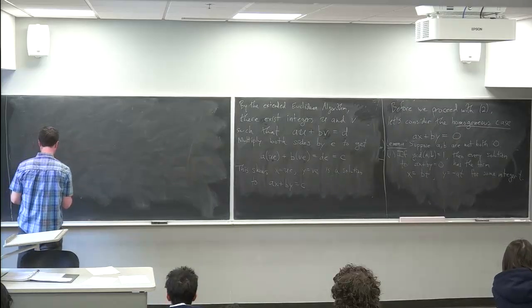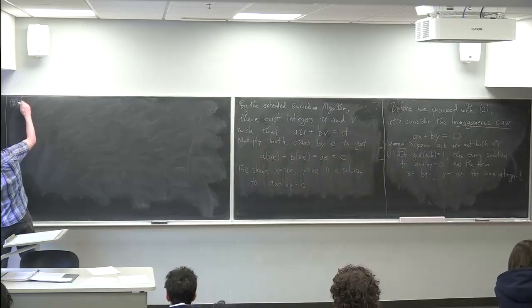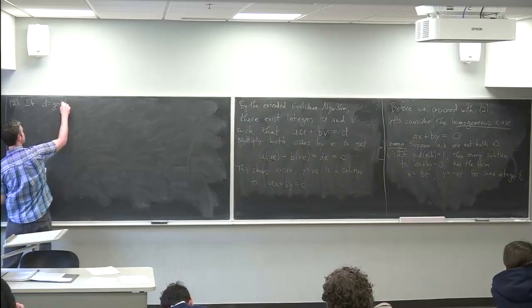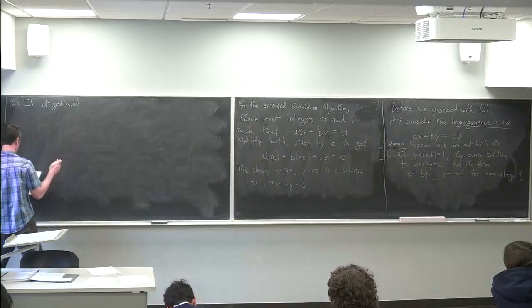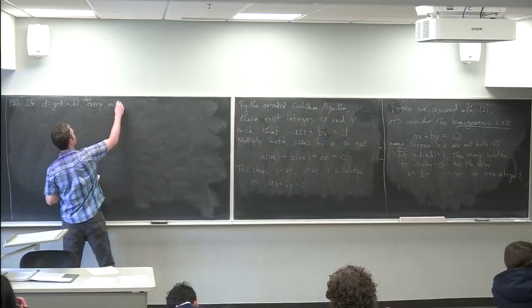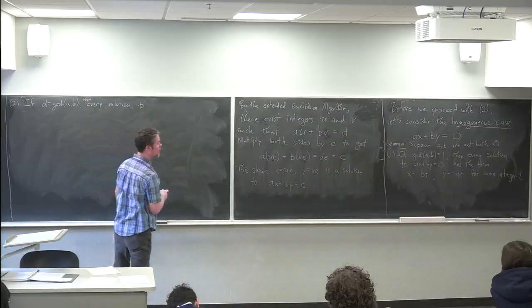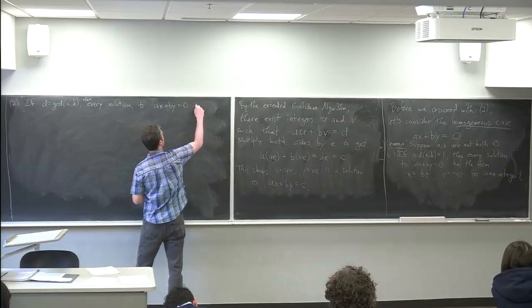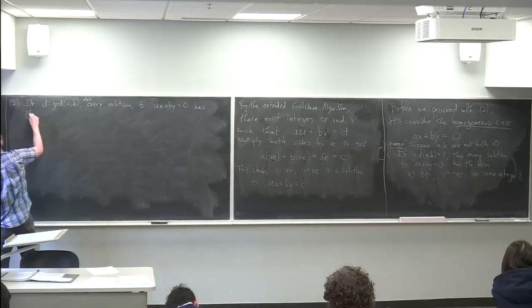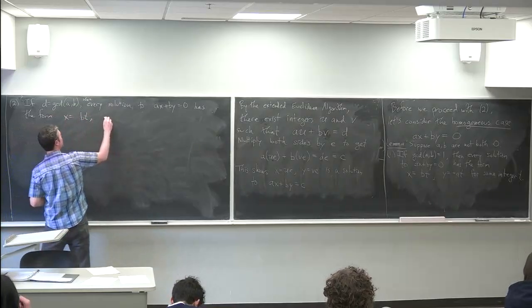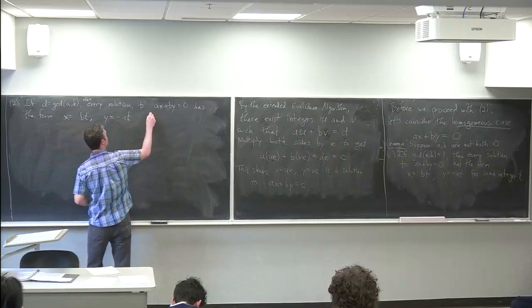So this statement is in general. So let's say if D is the GCD of A and B, which is not necessarily 1 here, then every solution to this homogeneous problem, ax plus by equals 0, has the form which is x is bt, y is negative at for some integer t.